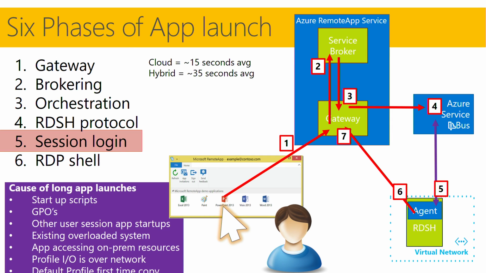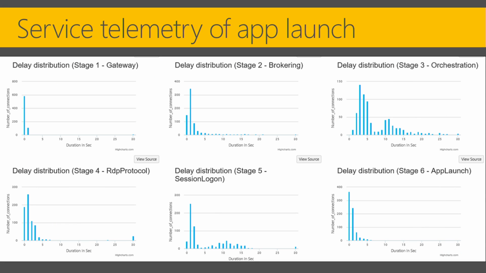Because on the slide before, the only thing that you have ability to change is that session logon through looking at your GPOs and other things. You don't have the ability to adjust the gateway, the broker, orchestration. Those other 5 things are on us to fix. And so we needed to have a deep understanding of what those are. And so we implemented telemetry. We now have a full view across that, and we're actually looking at the data and optimizing and looking at where we can make changes on that.